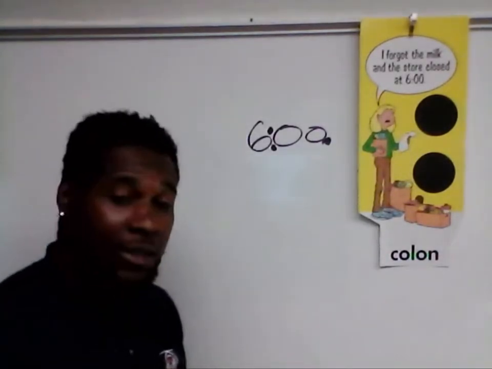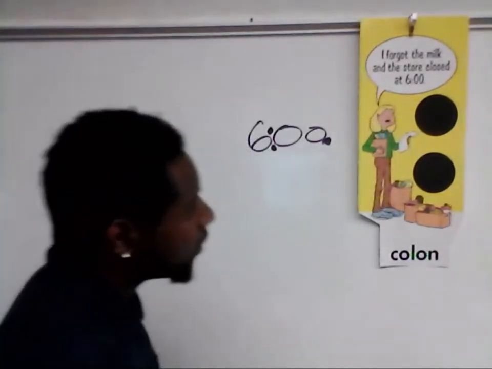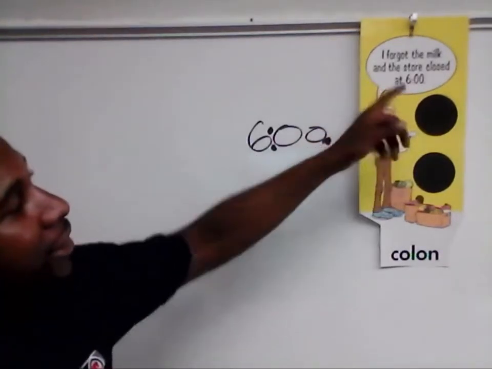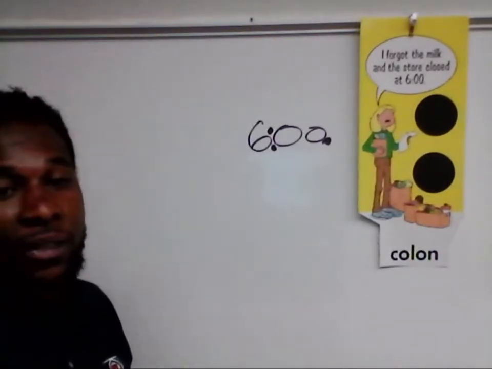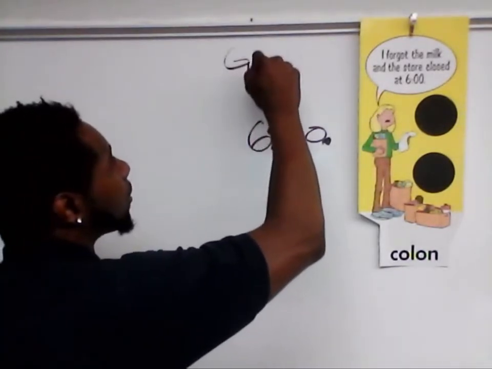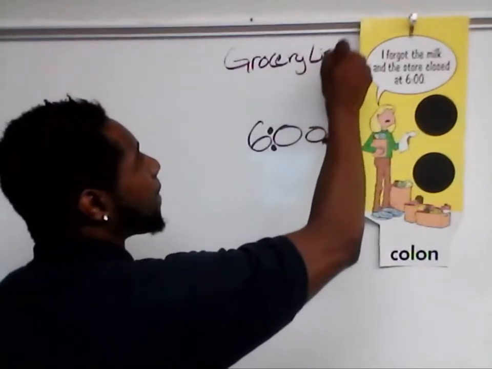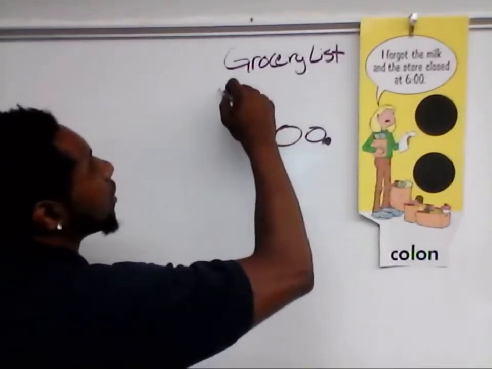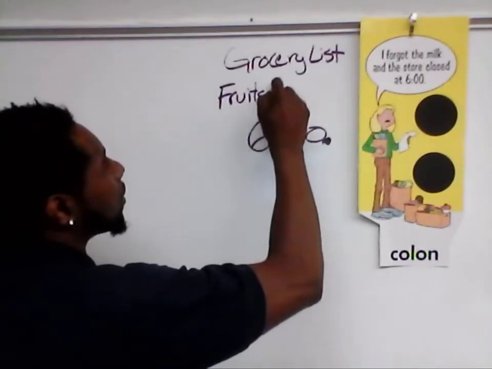Okay. Here's another example. A list. She's reading a list. So what she can also do is say grocery list, and then she can say fruits, colon.